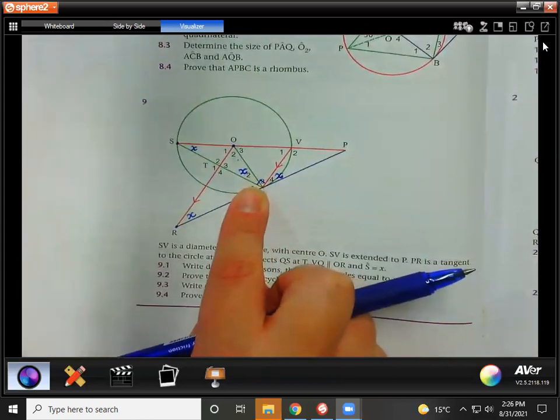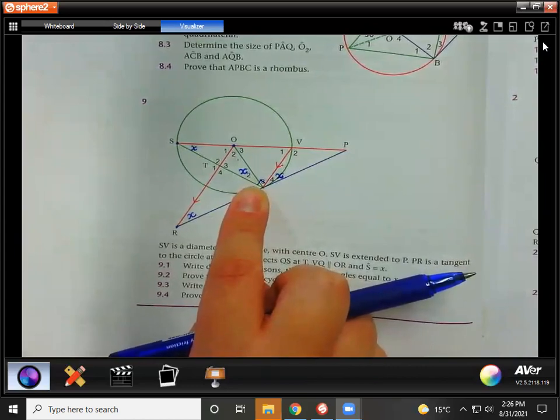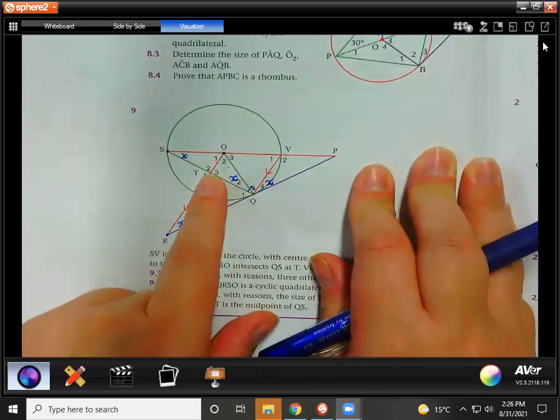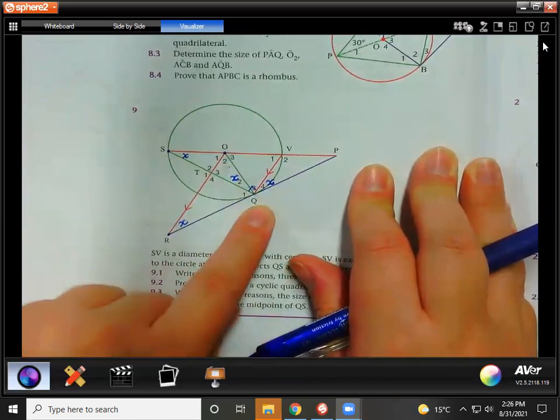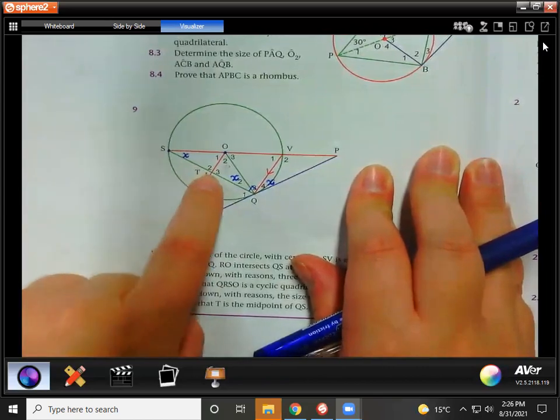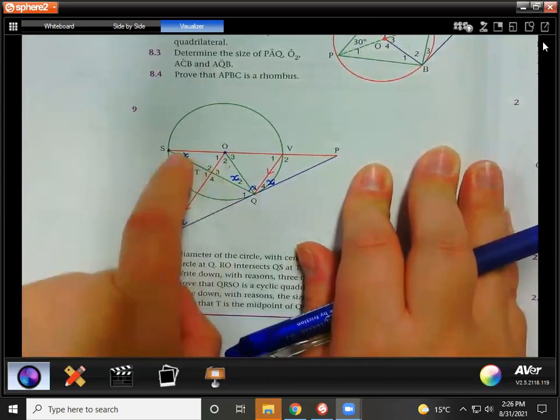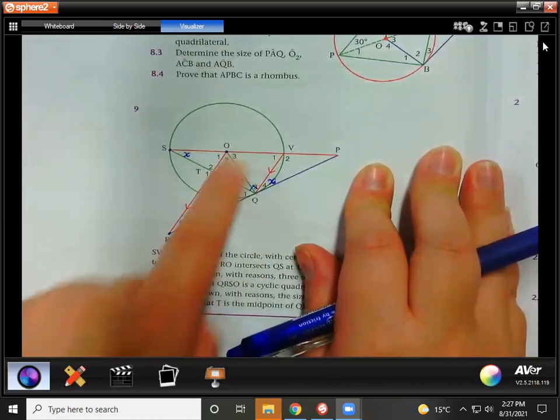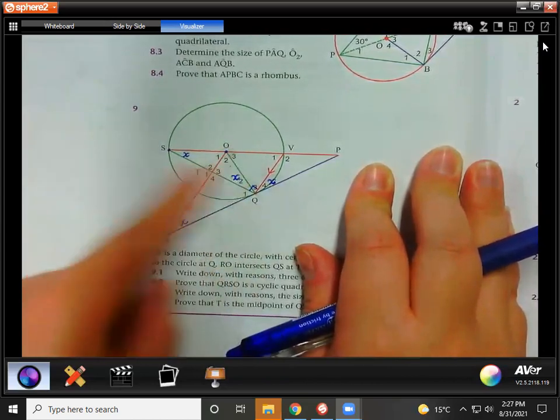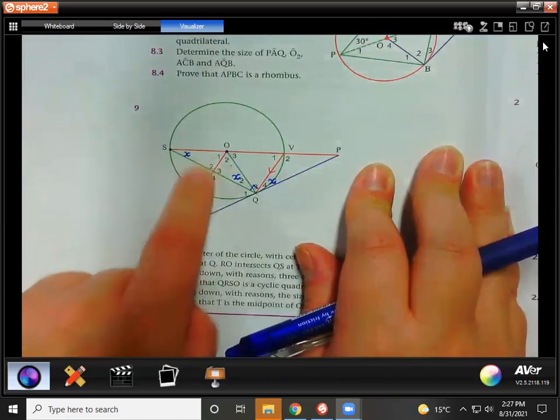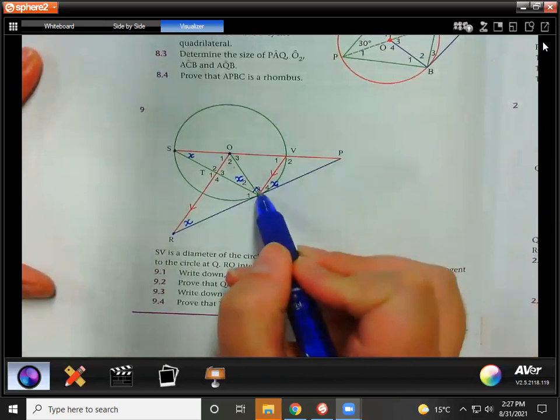Now, do we remember that very first theorem, theorem 1? A line from the center of a circle perpendicular to a chord bisects the chord, right? And if a line is bisecting a chord at point T, that means that T is the midpoint of this chord. Now, do we know whether this line is perpendicular to the chord? We don't have any 90-degree angles there at the moment, right? But we know that that is 90.